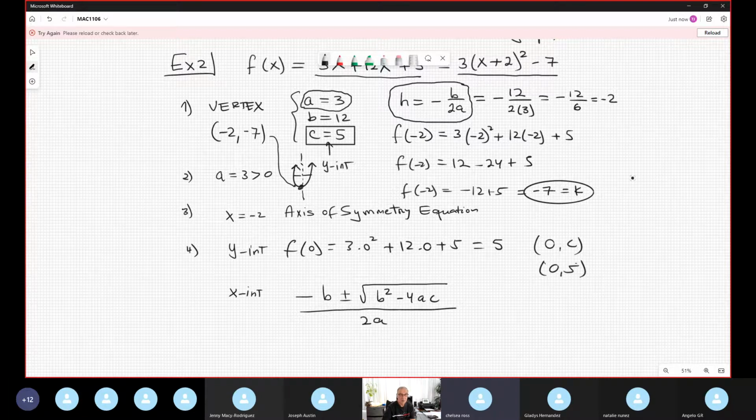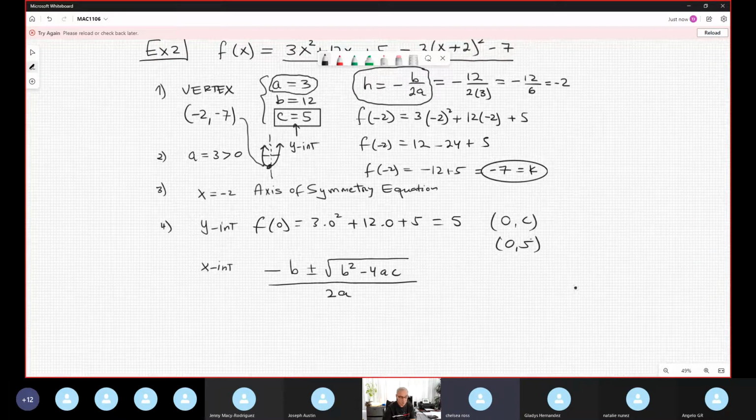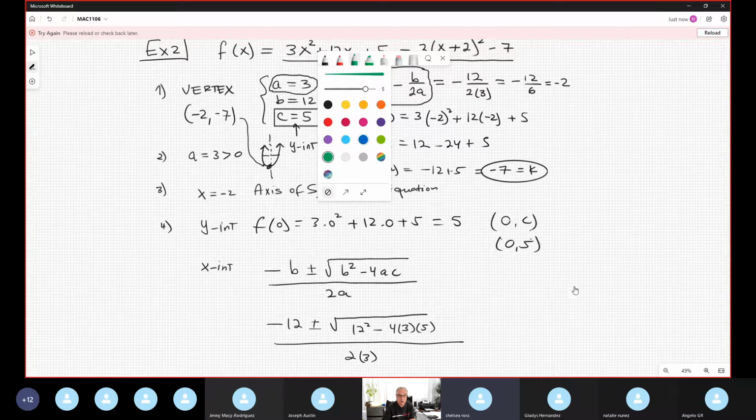Okay, I know who is B, who is A, who is C. Plugging in: A is minus 12 plus or minus square root of 12 squared minus 4 times 3, which is A, times 5, which is C, divided by 2 times 3, which is 6. We focus on the expression inside the radical.